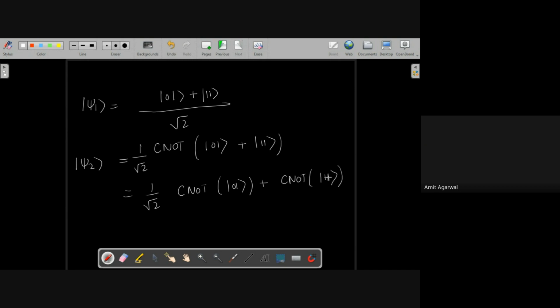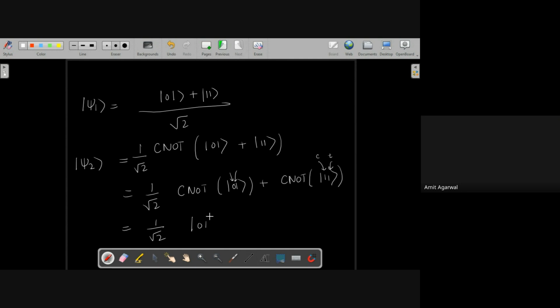And what is the characteristic of a CNOT quantum gate? That when your control bit is 0, it does nothing to the target bit, or the second bit, but when your control bit is 1, it flips the target bit, right? This is the control bit, this is the target.